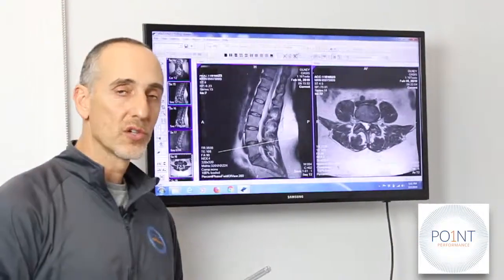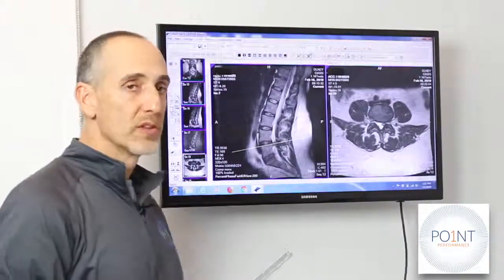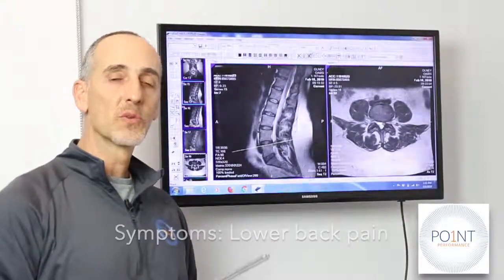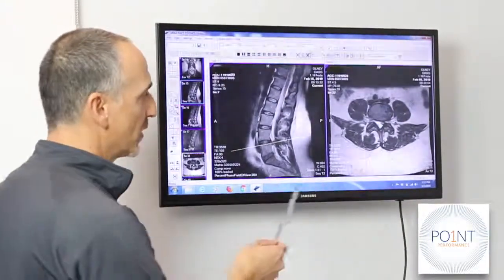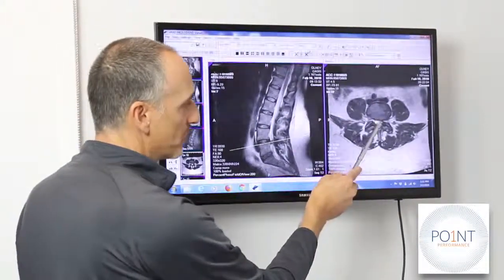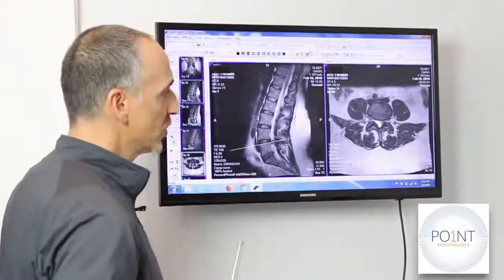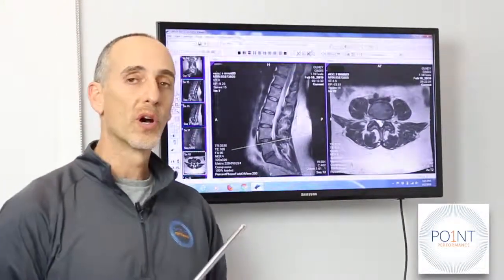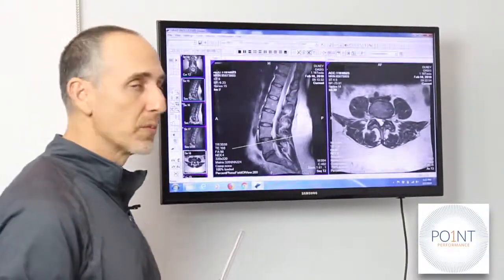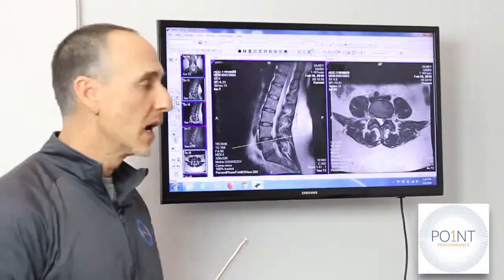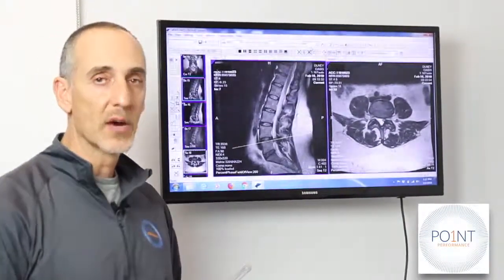This particular patient presented with not only lower back pain, but pain that was traveling into her left leg. We determined that in this case, the protrusion at this L4, L5, or the fourth and fifth lumbar vertebrae, was responsible for the pain that she was experiencing, not only in the back, but radiating down the leg.